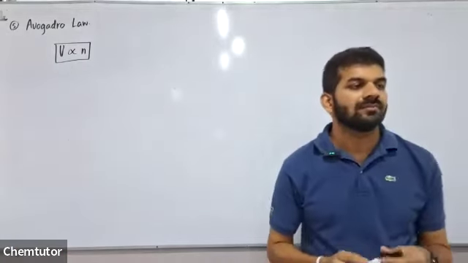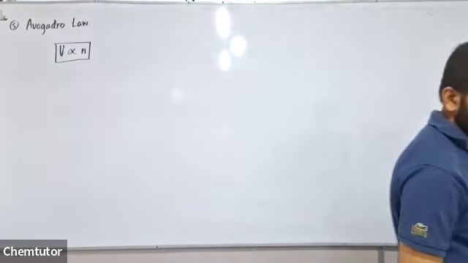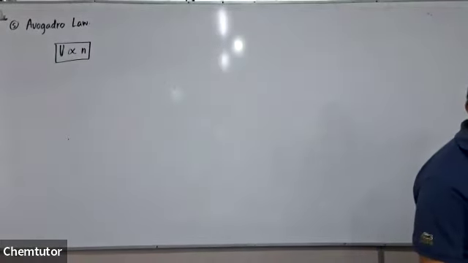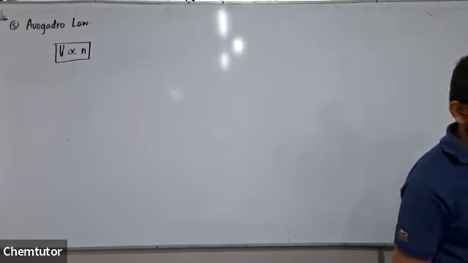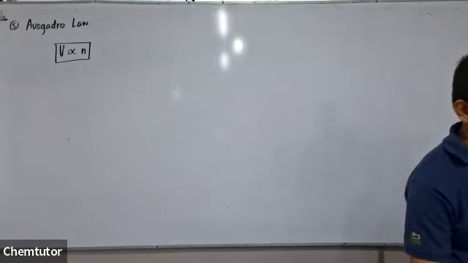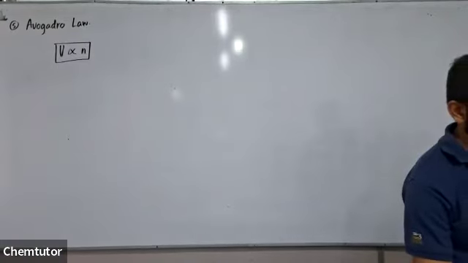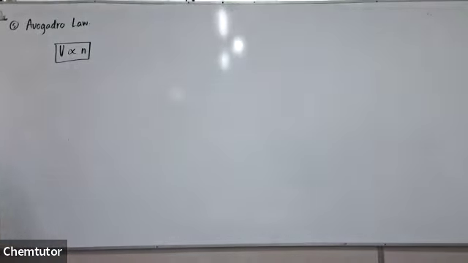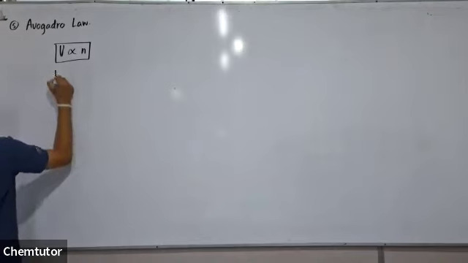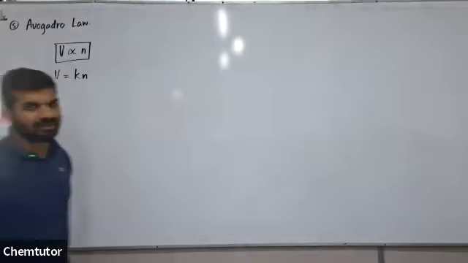That is the equation simply. So we can put a constant here and we can write this as V equals k n.